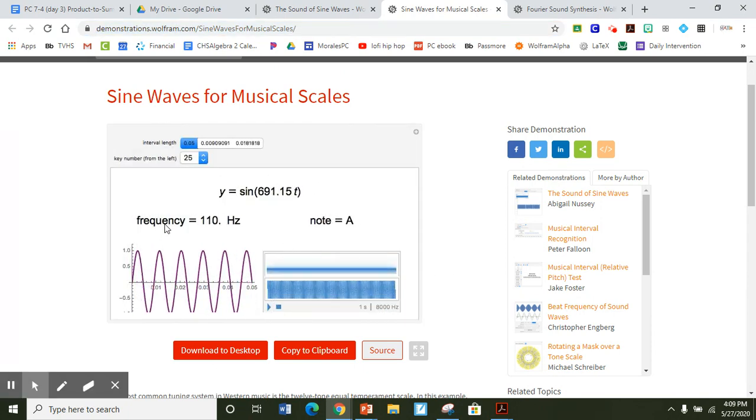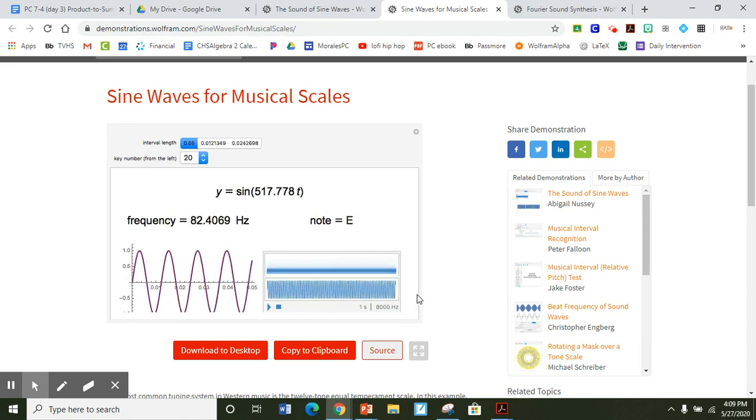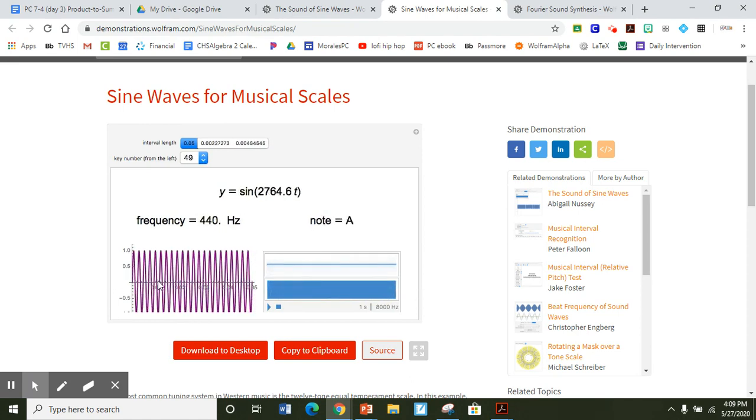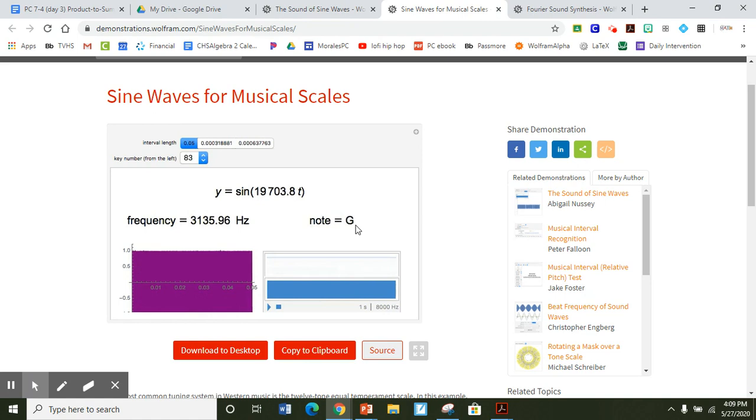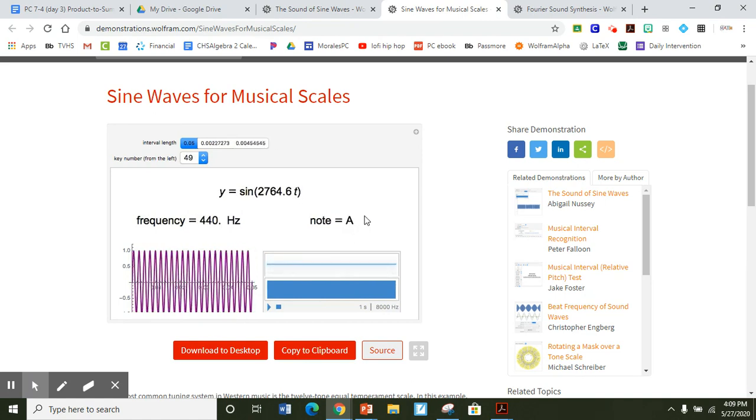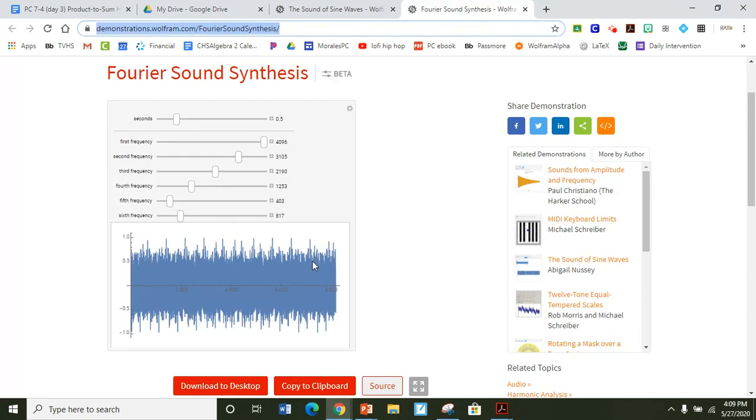Here's a preview of how you can see the sine wave changing with the higher frequency and lower frequency. Here is the corresponding note to it in music, which I think is just absolutely awesome. And then lastly, the Fourier sound synthesis. Now, Fourier sequences are so crazy and so wild, and probably one of the coolest things that I wish I studied more when I was in my undergrad. They're just like a powerhouse.